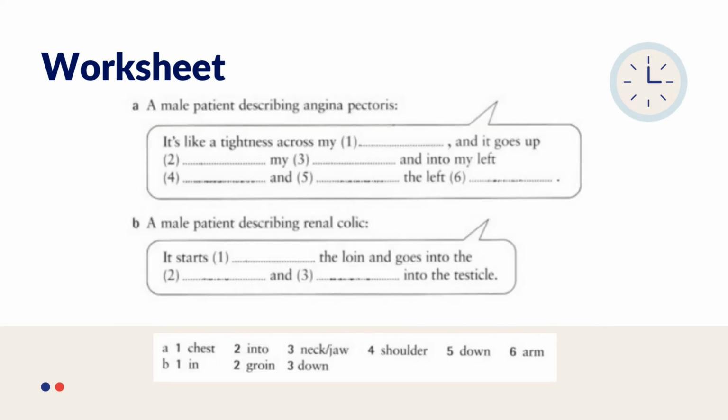Now check if you did it right. It's like a tightness across my chest, and it goes up into my neck or jaw, and into my left shoulder and down the left arm.